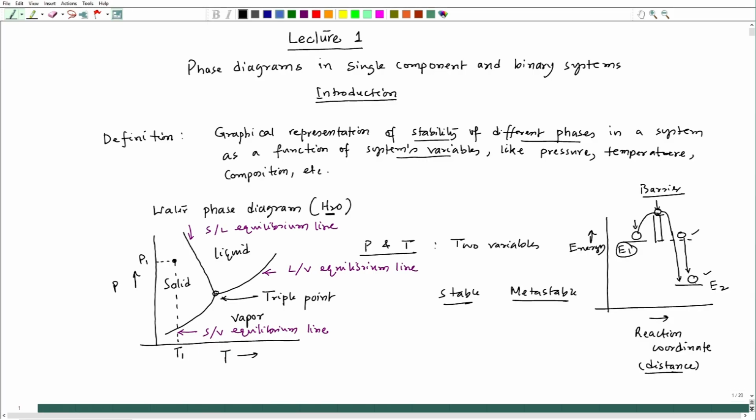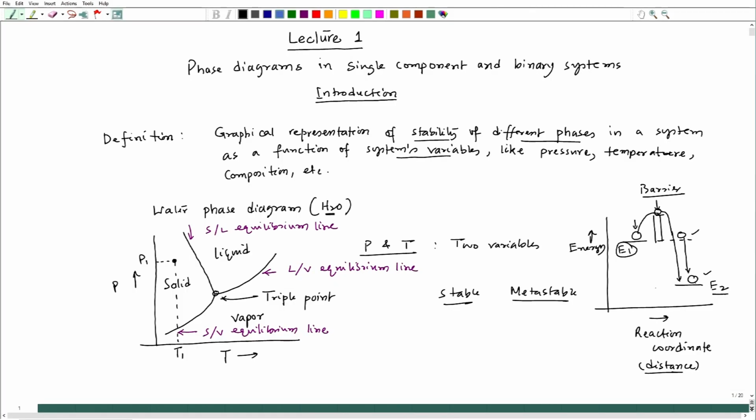If we try to look at E2, as per this diagram, E2 is the final position where the ball can rest, but energy levels higher than E2 have a chance to come to E2. So, that means E2 could be considered as the most stable condition as per this particular diagram.